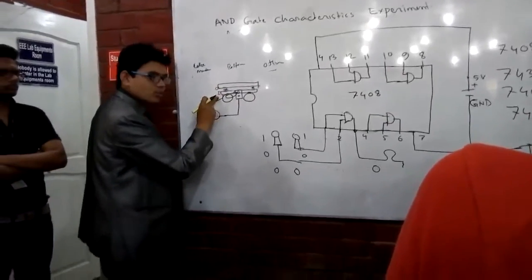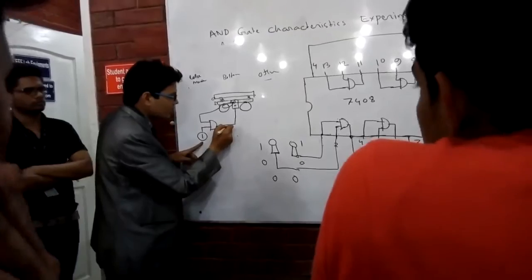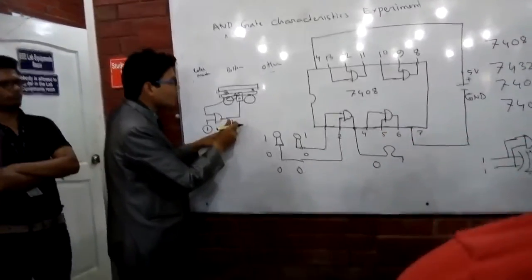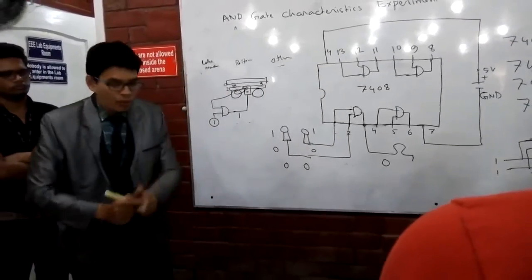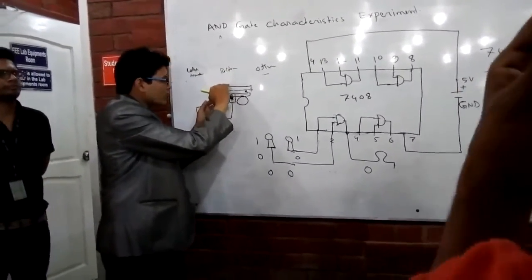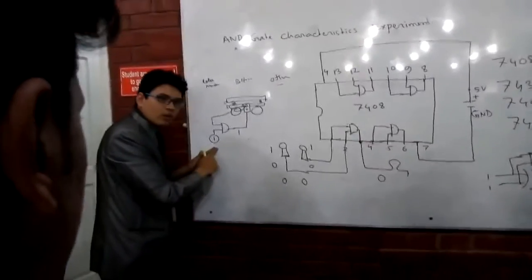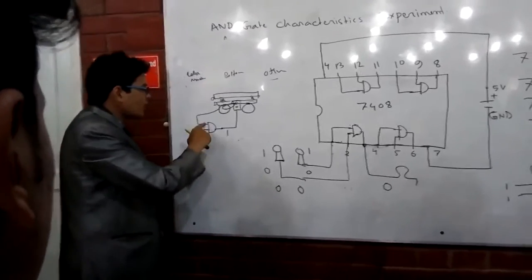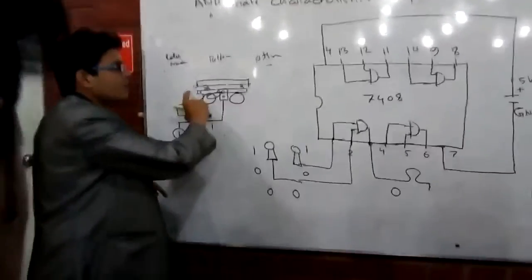When this portion becomes 1, and this is already 1, 1 makes output 1. That means it will allow the current to pass to the motor, and the motor will run. So when I put some clothes over there, with the weight of the clothes it will go down. It will make this portion 1, and this portion is already 1, right? Do you understand? Yes, sir. That makes the motor run and the tray will run.